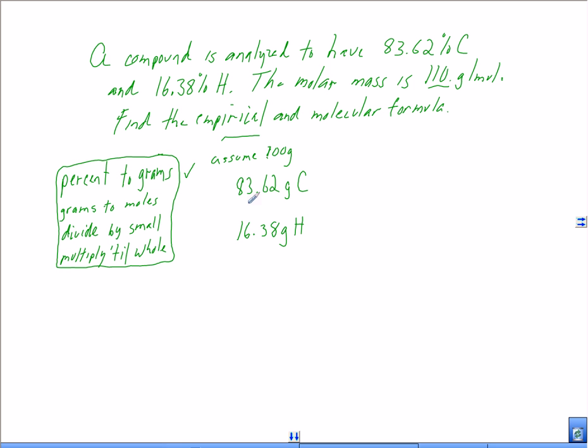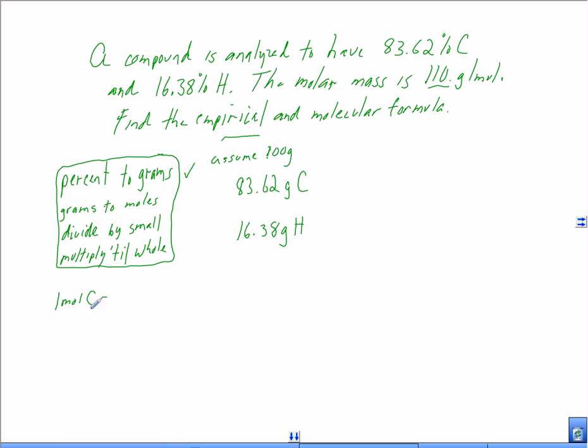Now I want to convert my grams to moles. Well, if you have been following along in class, you know that we need the molar mass anytime we're converting grams and moles. And where do I always get the molar mass? Well, I get it from the periodic table. So I'm going to look up the molar mass of each element.